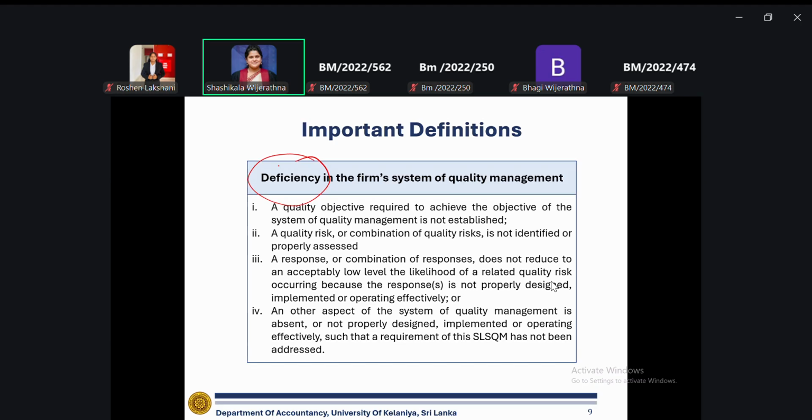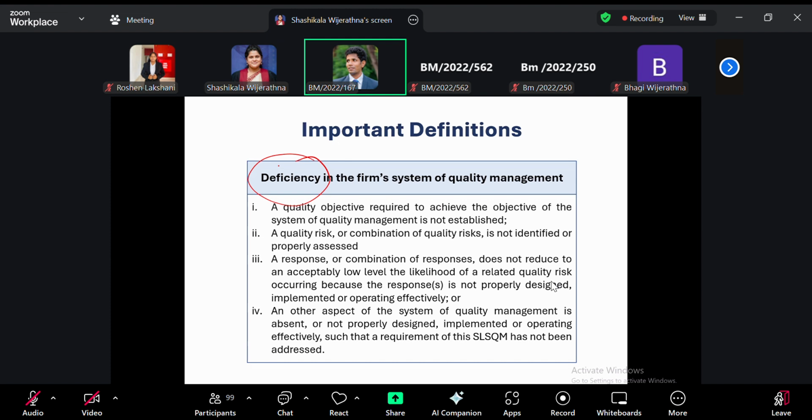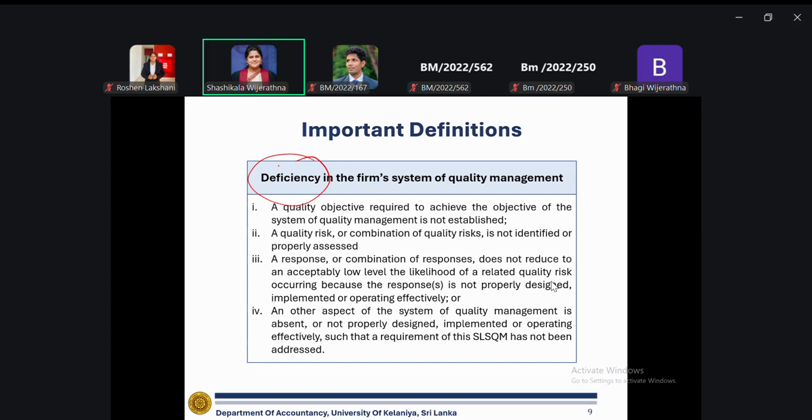A case study is given, and inside that case study there are the firm's internal controls and the quality management system deficiencies. The question is to identify and explain the deficiencies in the firm's system of quality management. So you should know what can be identified as a deficiency. Remember that. Don't memorize these in any way. It's a waste of time.